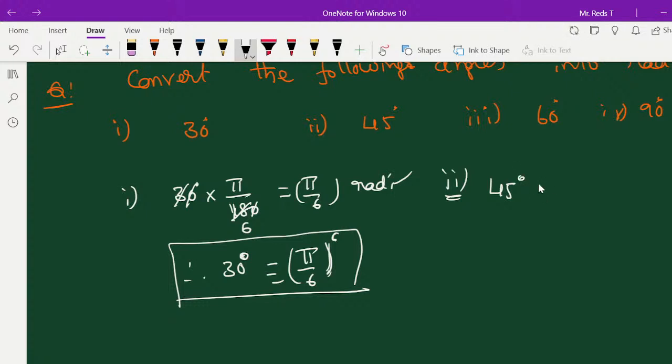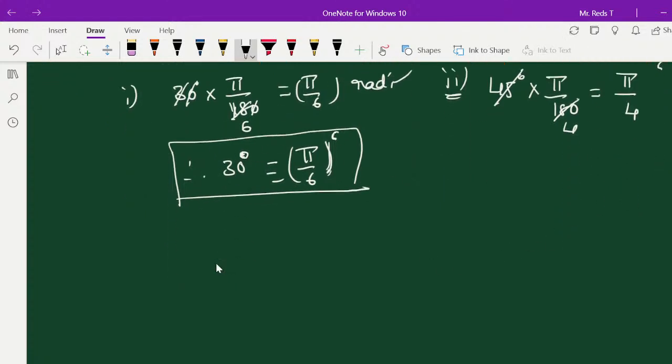45 degree, to convert into radians, multiply this with pi by 180. 45 ones are 45, 45 fours are 180, so it is equal to pi by 4 radian. Next, the third one, 60 degree.